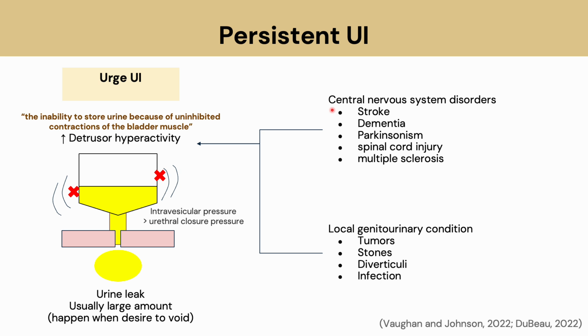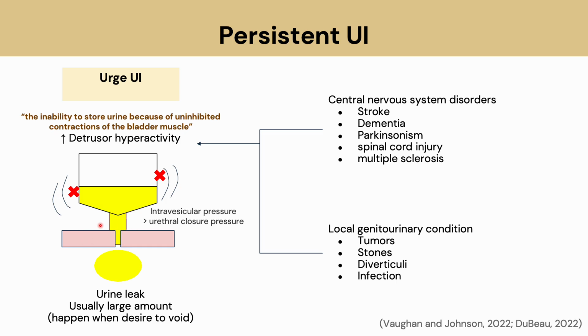In addition, local bladder conditions including UTI, bladder stone, or bladder tumor may irritate the bladder and trigger involuntary detrusor contractions. Clinically, patients describe a strong, sudden desire to void, and when they leak, it is usually a large volume, happening right as that urge hits.